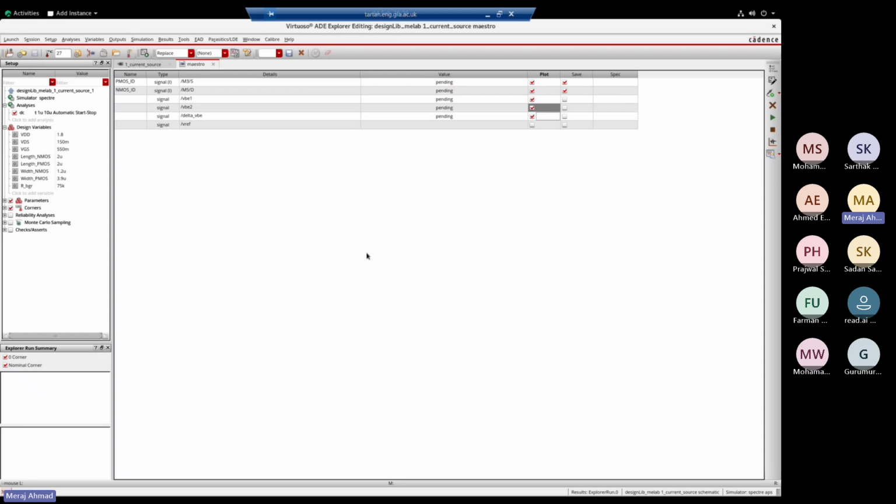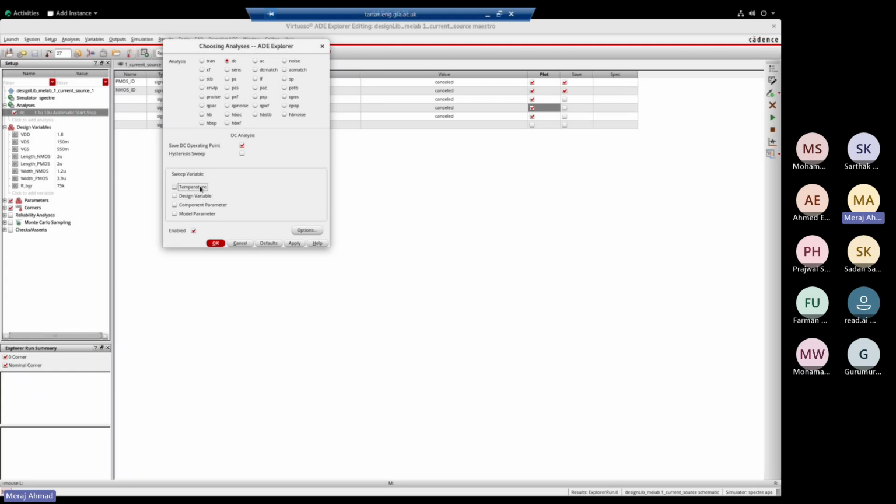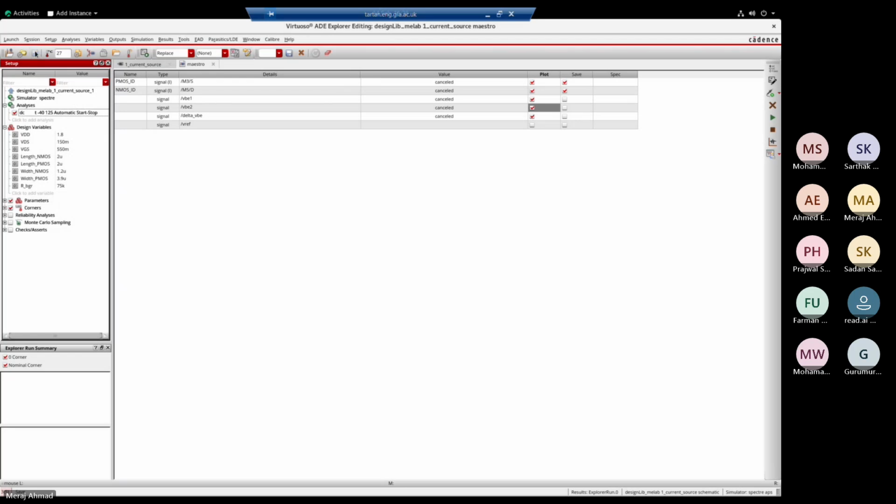We want a constant voltage across temperature, so here we will do a sweep, suppose minus 40 to 125 degrees, then simulate and see how VB1 and VB2 behave.